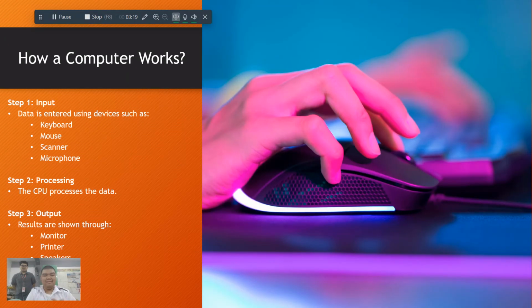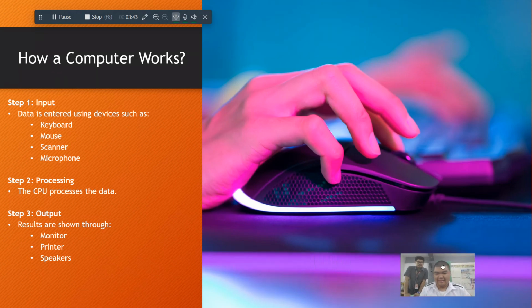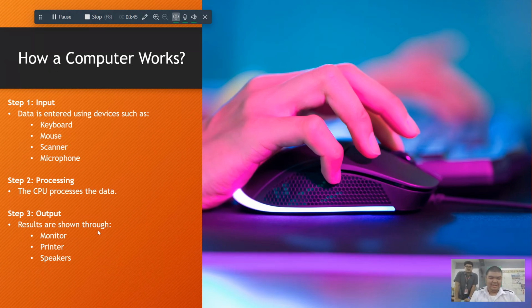Okay. How a computer works. Step one, input is to enter the data using devices such as keyboard, mouse, scanner, and microphone. Step two, the CPU will process the data. In step three, the results are shown on the monitor, printer, or speakers.